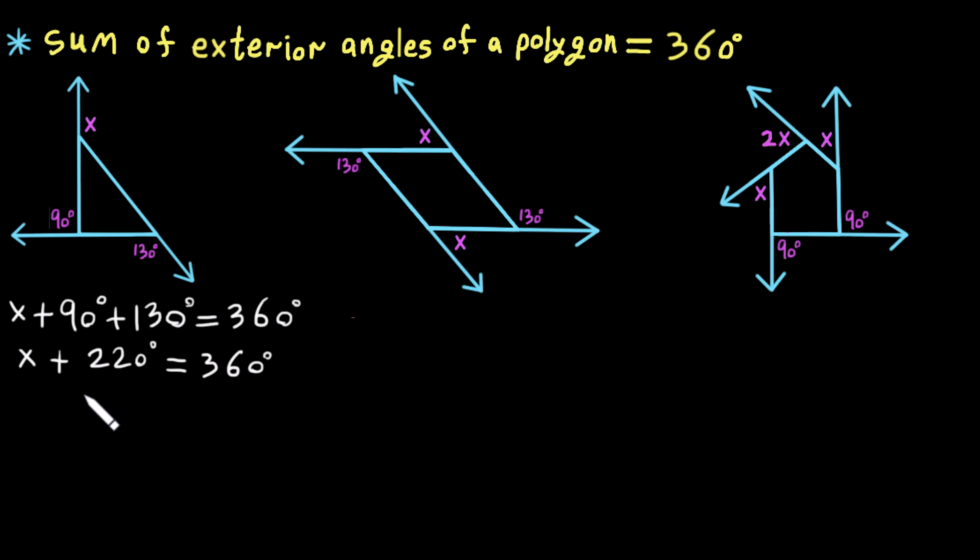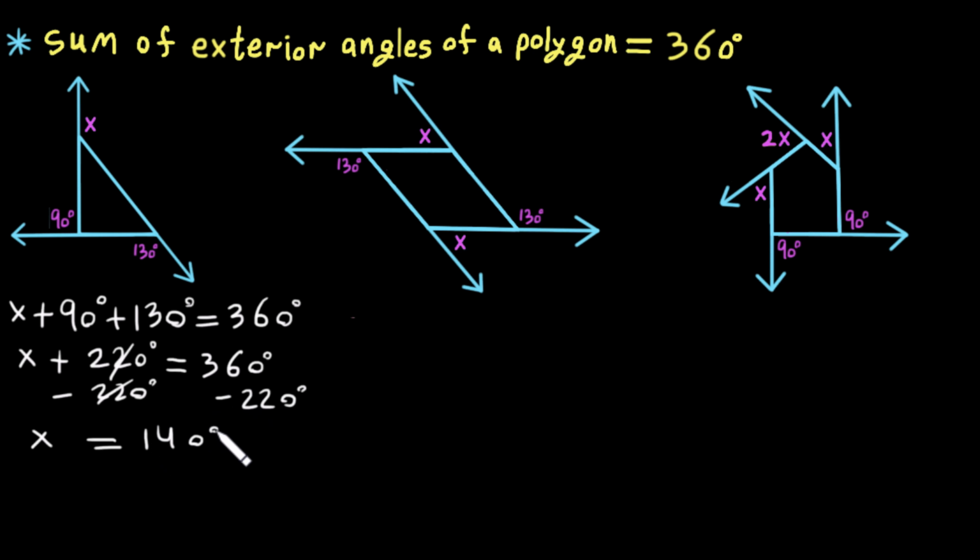Now either we can subtract 220 degrees from both sides, or we can take this one to the other side. So x equals 360 degrees minus 220 degrees, which is 140 degrees.